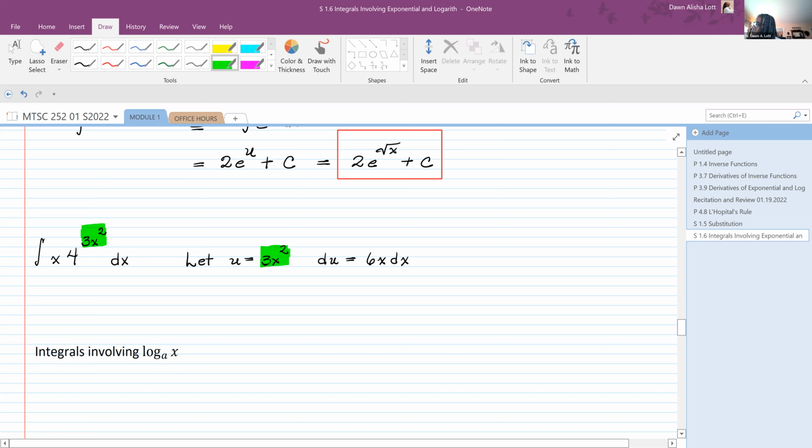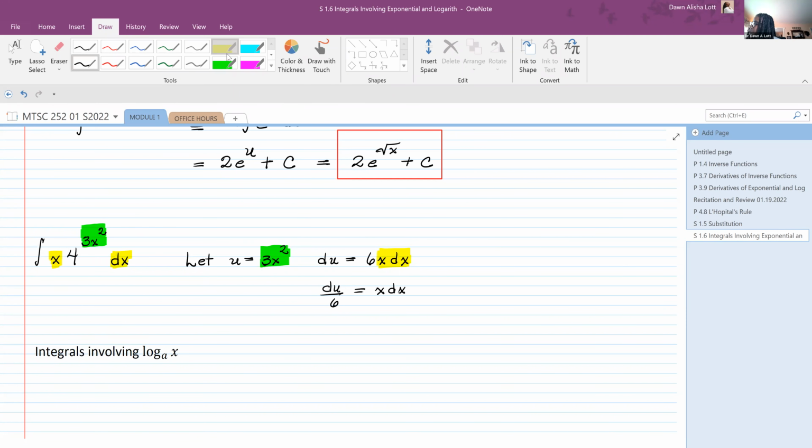The problem is I have x dx, and over here I need x dx. I'm gonna divide both sides by 6. So I'm gonna get du over 6 is now x dx. And I'm liking that because everything for my problem is substituted in.